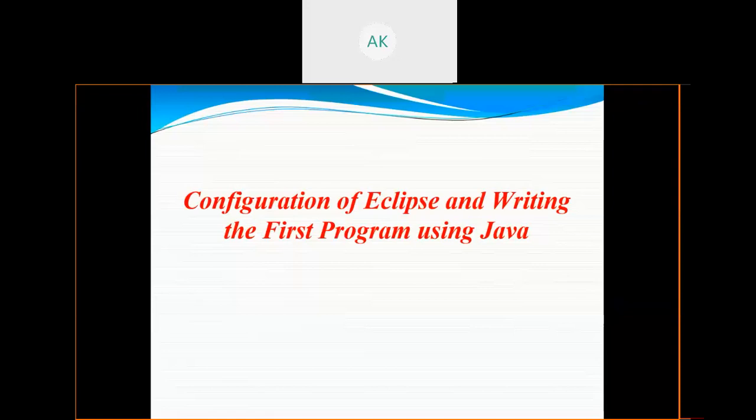Before starting with how to configure Eclipse and write the program in it, you should remember that in order to open Eclipse and write programs in it, your machine should have Java properly configured. You can run Eclipse only if Java is installed and configured on your machine.